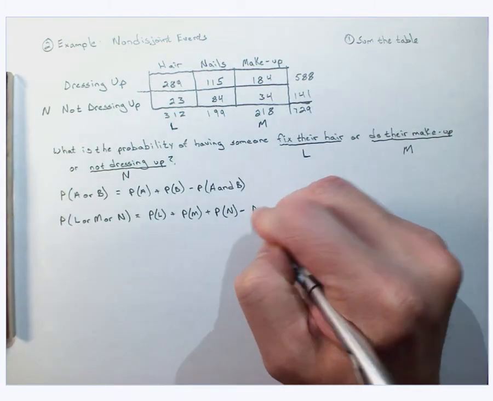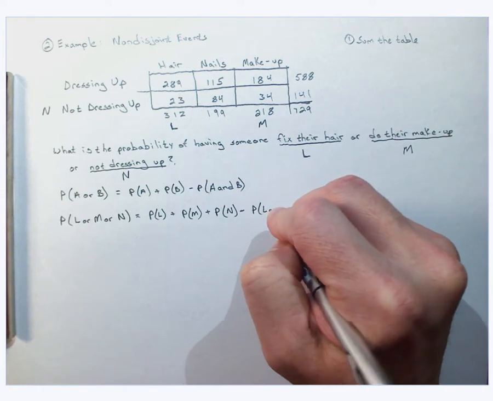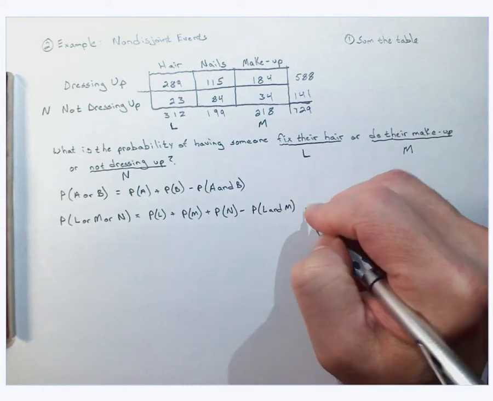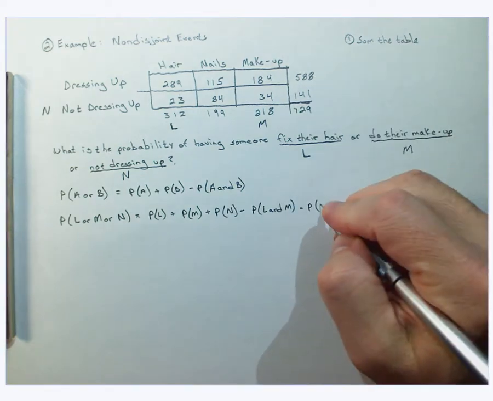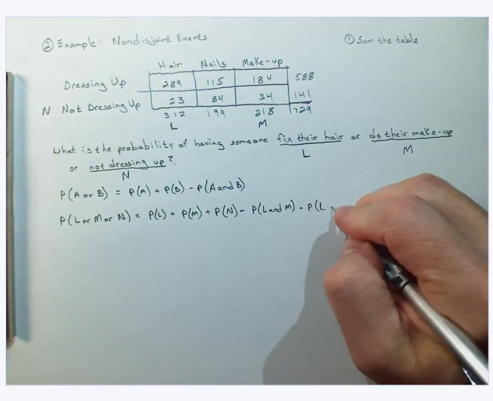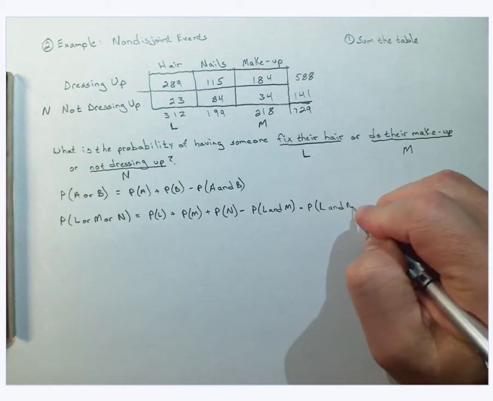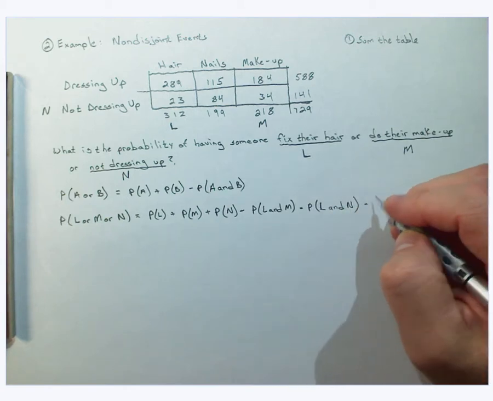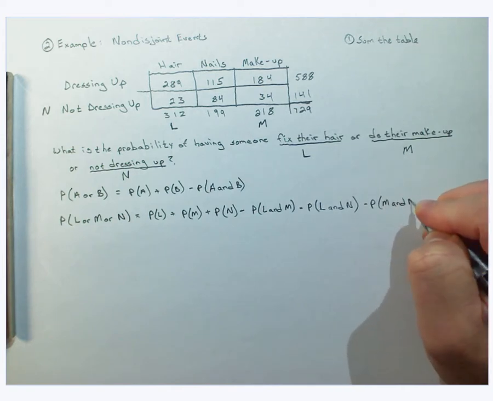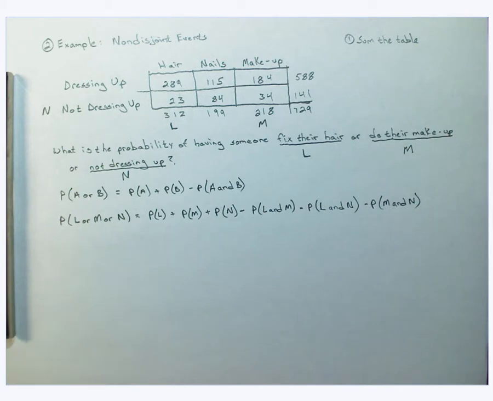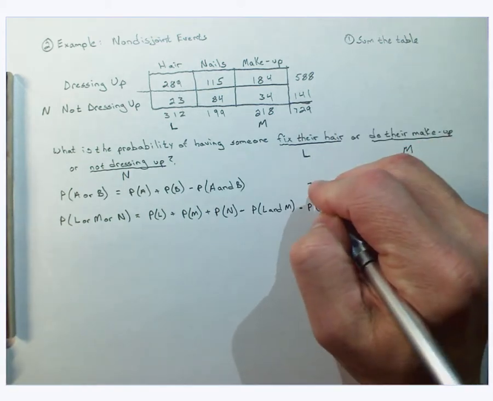So probability of L and M minus the probability of L and N. And the last one is probability of M and N. If they don't intersect, that value is just 0. So all of these could go away if there is no intersection in what the problem's asked. Again, these are the intersections.